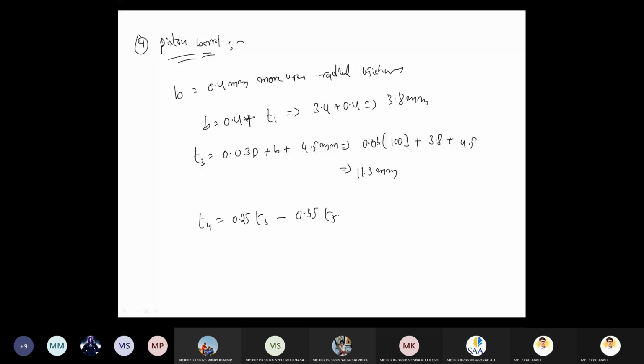So 0.25 into 11.3 is 2.8, and 0.35 into 11.3 is 3.9. So 2.8 to 3.9. Taking the middle value, 3.4. That is T4.